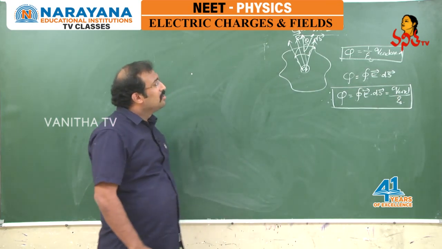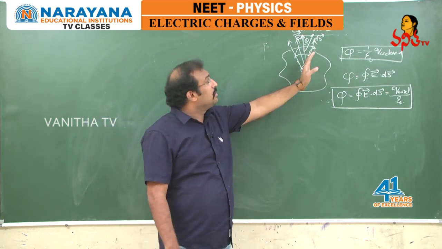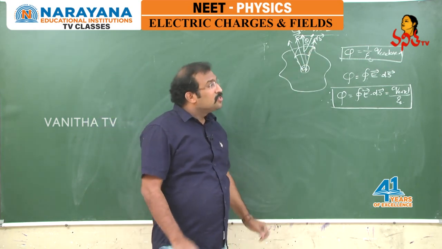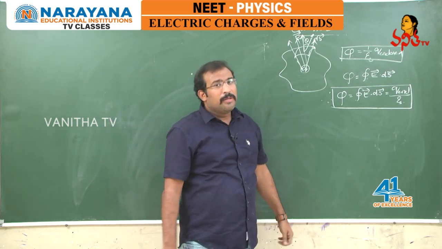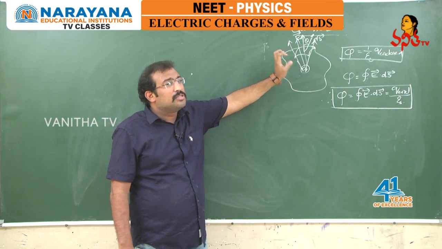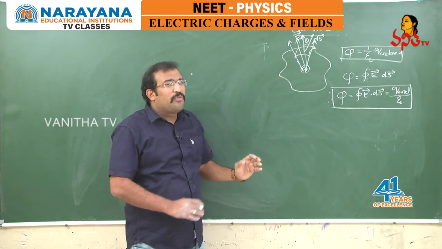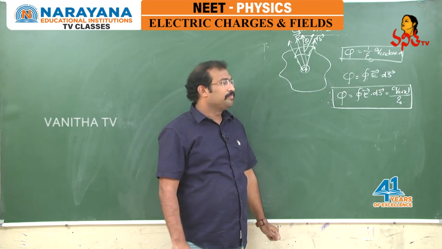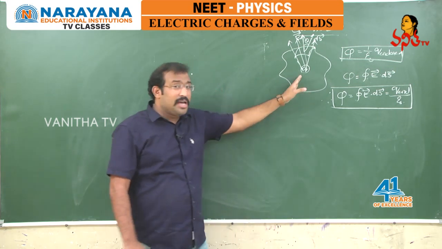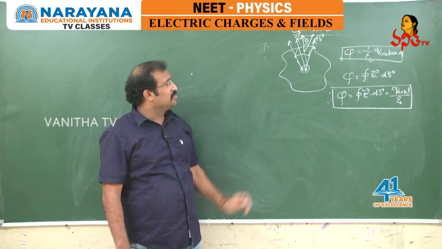Now, let us see some applications related to Gauss law. What is the use of this Gauss law? Gauss law is basically used to find the electric field strength due to symmetrical distributions. Gauss law is a fundamental law of physics.